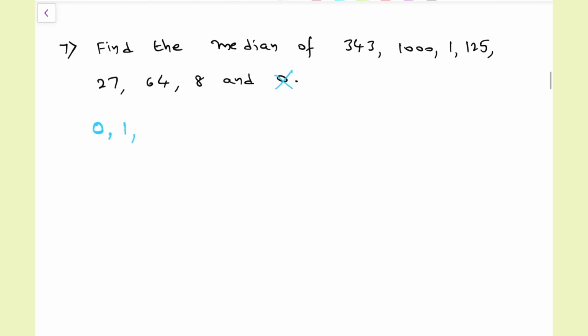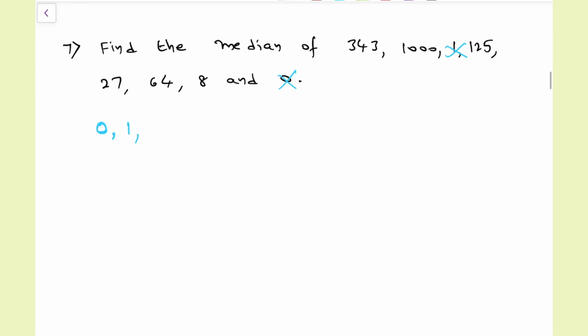Then 1, then 8, then 27, then 64, then 125, then 343, then 1000. These are the given observations after keeping them in ascending order.